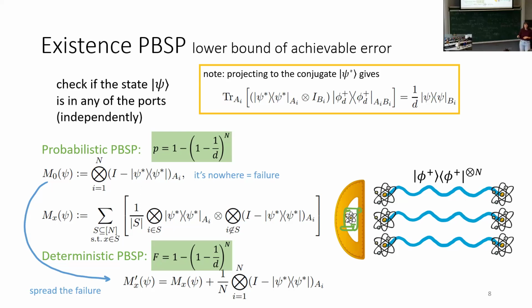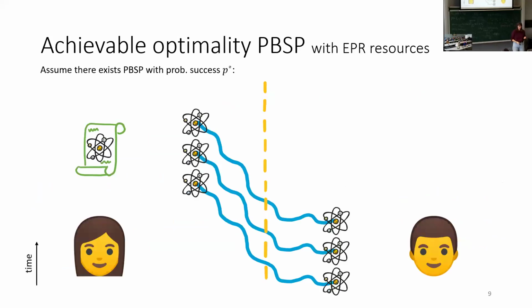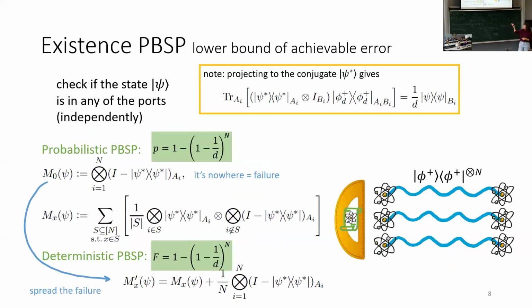But then we imagine there is another general measurement that Alice can do that succeeds with probability P star. If what they share is maximally entangled resources, then that P star has to be lower than this value. And we already know that you can achieve this value. So that's the optimum.